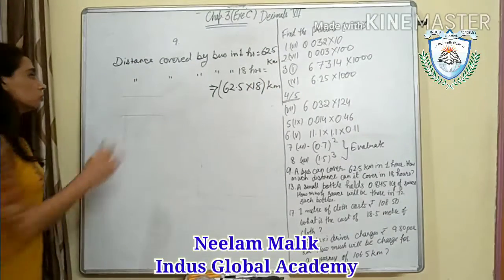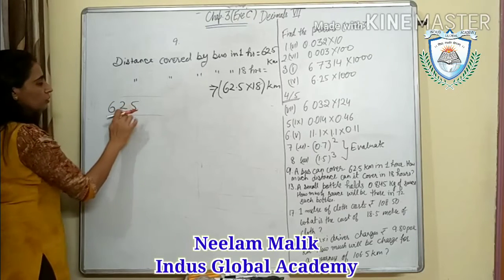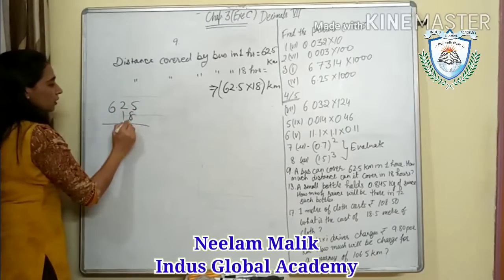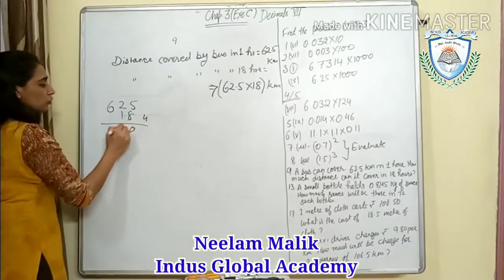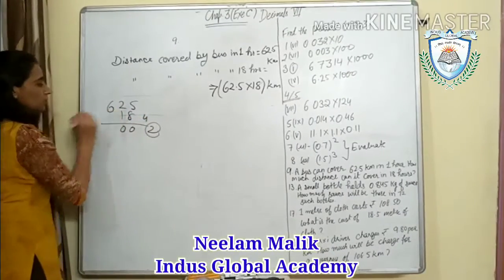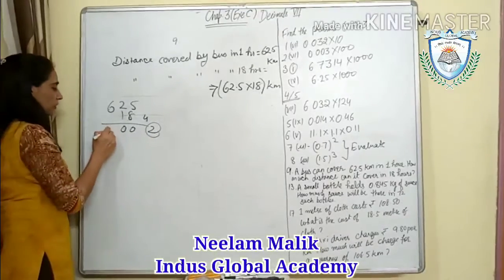If you want to do the multiplication, we can do it here. No need of the point in this. 8 5s are 40, 8 2s are 16, 16 and 4 are 20... 8 6s are 48 and 2, 50.